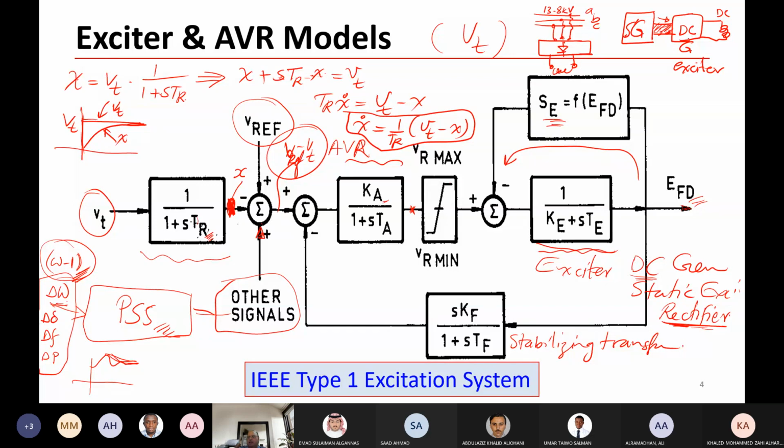It is not supplied from the synchronous generator. This is a DC generator mounted on the shaft, and when the shaft rotates we have induced voltage to the field winding. If you have a static exciter, then you take the three-phase to the rectifier here. Is it clear, Omar?